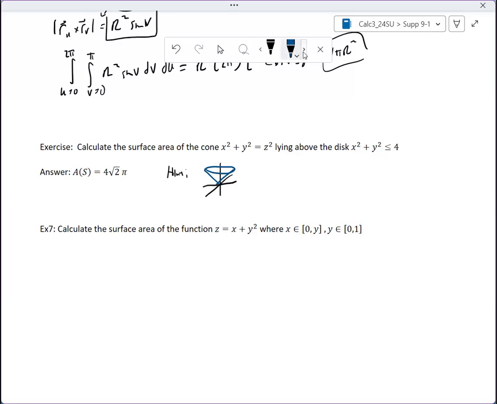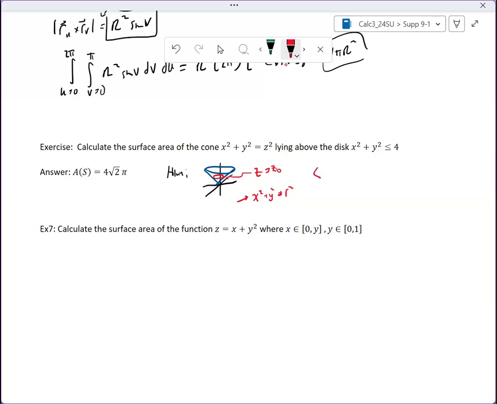So I have a cone like this, and I see that if I pick z equals z naught, then what I'm left with is a circle parallel to the xy plane. I'm left with x squared plus y squared equals some radius squared. So if I fix the z value, that gives me a circle in the xy plane, and I know how to parameterize this.